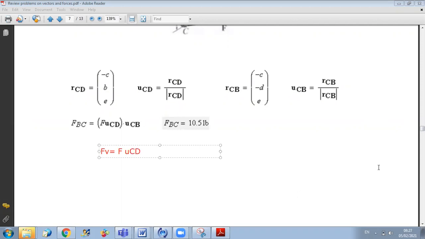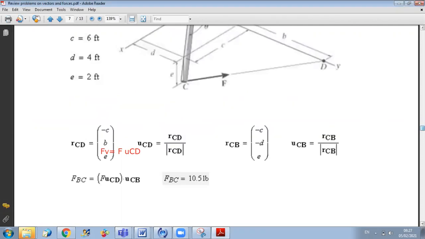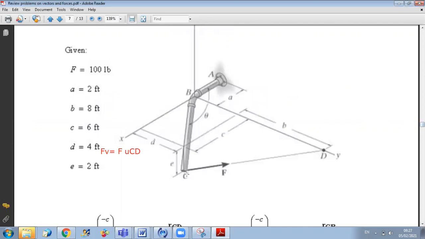Because to find F, you should pass by the unit vector CD, since F is passing by points C and D. So you don't know directly the components of F. You know that it's passing by these 2 points. So to calculate vector F, it's the magnitude, which is given as 100, times unit vector of CD. Okay?